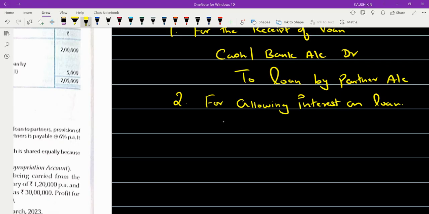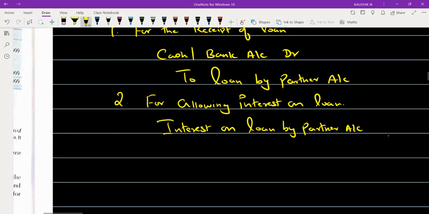The entry will be: interest on loan by partner account is debited to loan by partner account. Any doubt in these two entries?